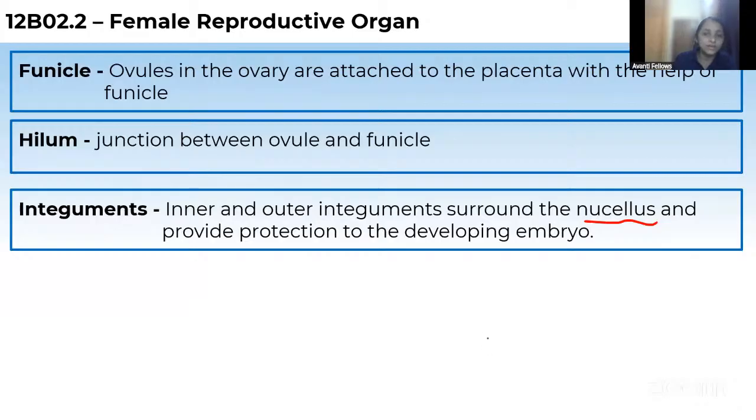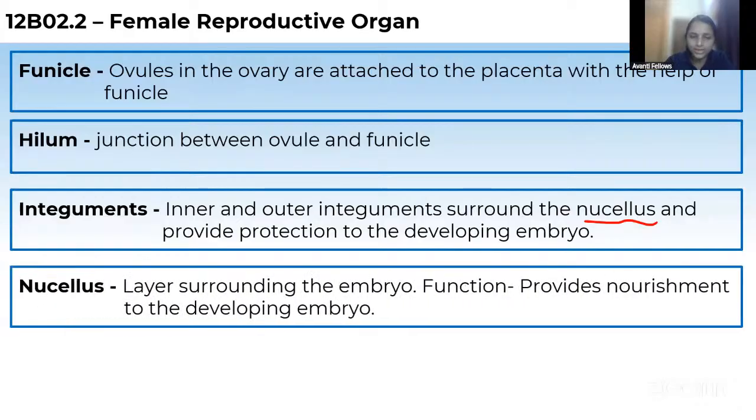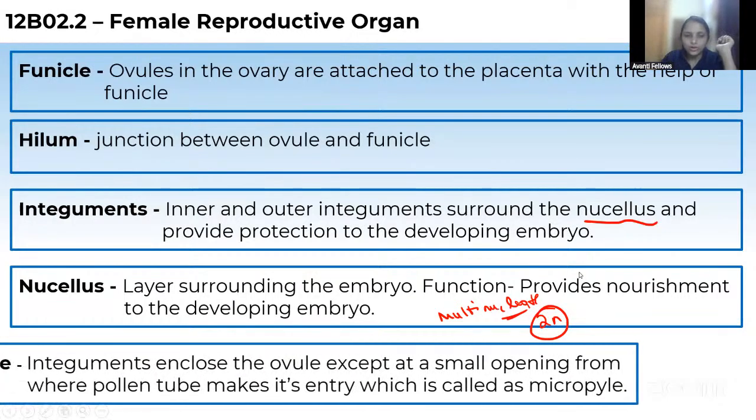It is going to give nourishment. The nucellus is the layer surrounding the embryo that gives nourishment. It is multinucleate, and it is also diploid only.